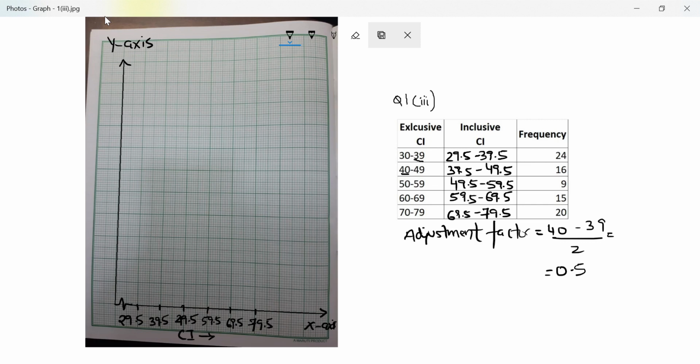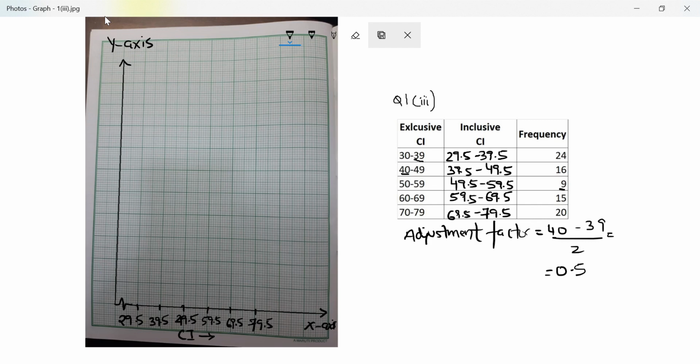Now on the y-axis, I need to start with 9 and the maximum I need to go is 24. Let's see if I can start with 2. If I take 2, this will be 8, 10, 12, 14, 16, 18, 20, 22, 24. I can take 2. Perfect.